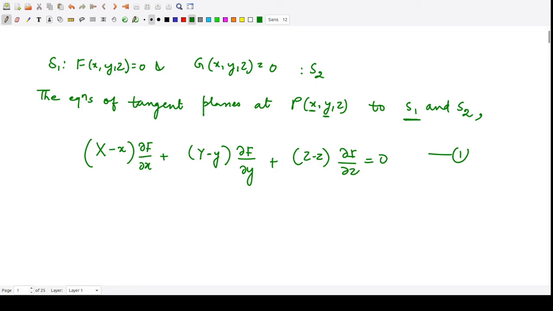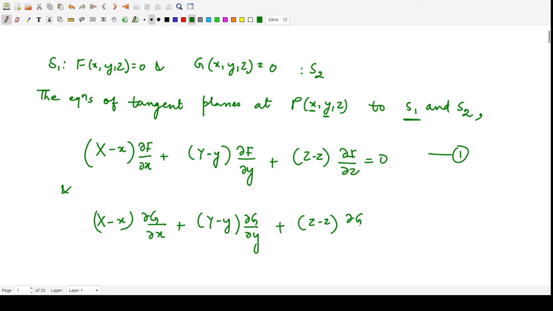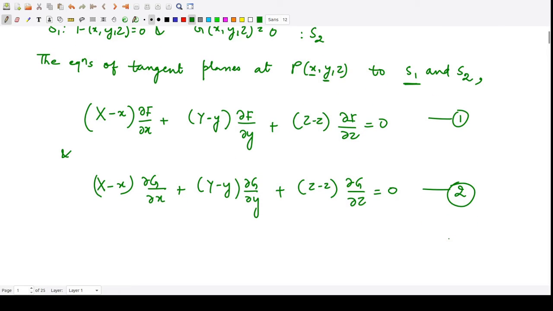Call this equation number 1. And corresponding to surface 2, it would be (x - x0) del g by del x plus (y - y0) del g by del y plus (z - z0) del g by del z equal to 0. So these are the two equations corresponding to the tangent planes.